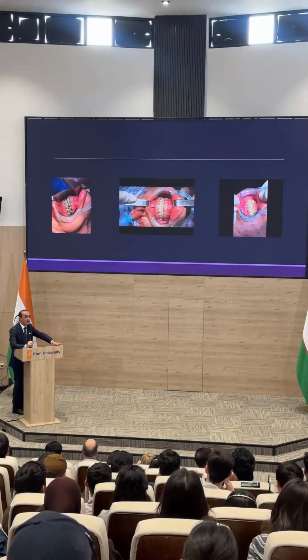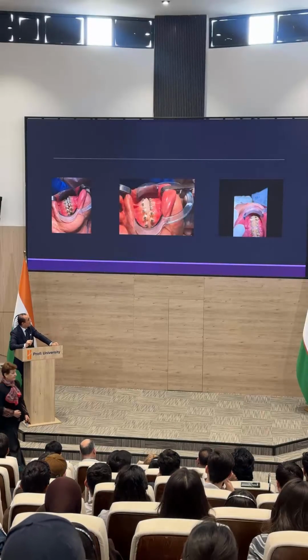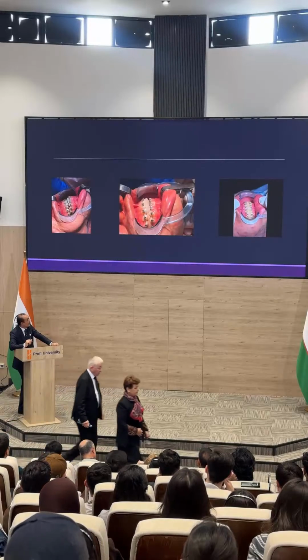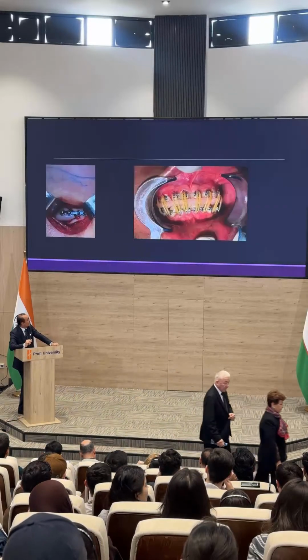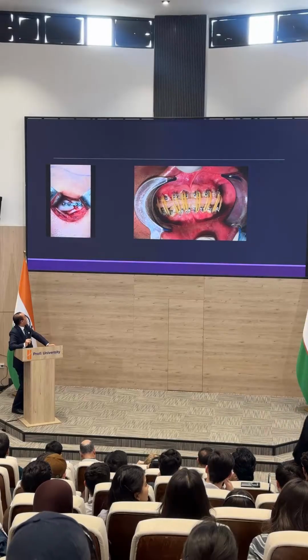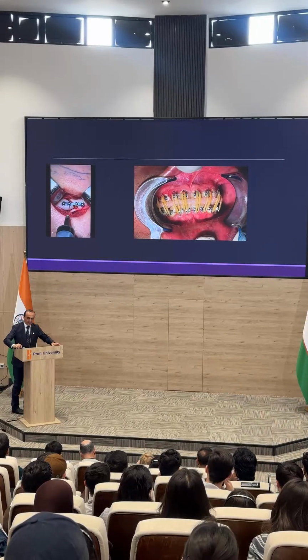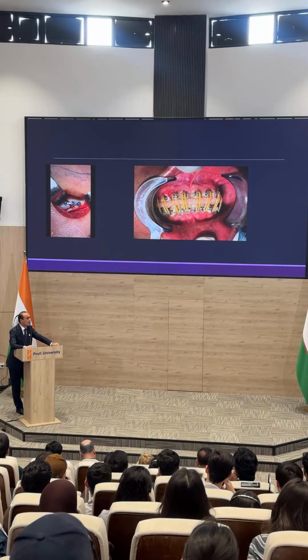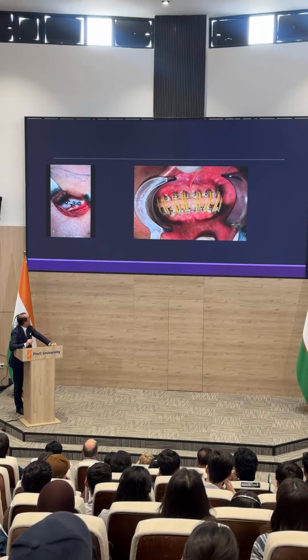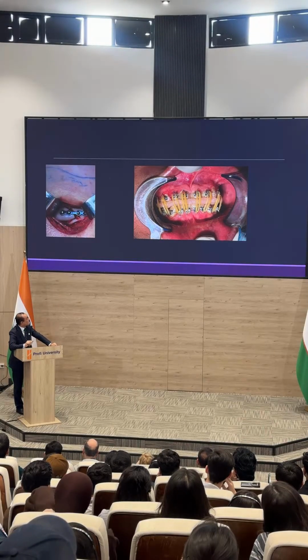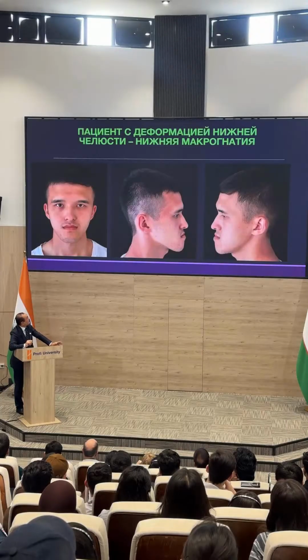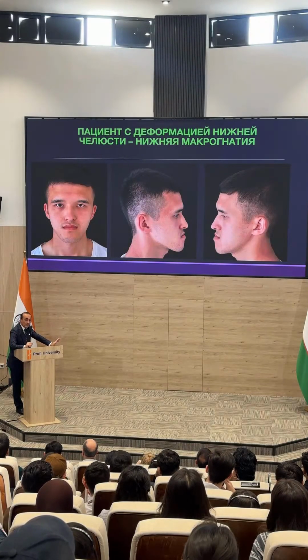You can see fixation on the right side, and everything changing the chewing. After repositioning, we fix them with mini plates, and it was the first method, the extraoral method.